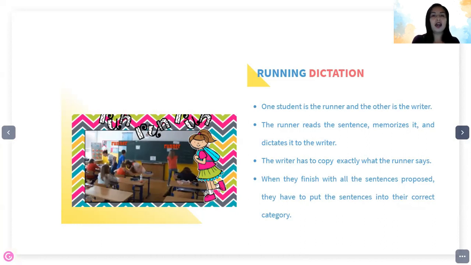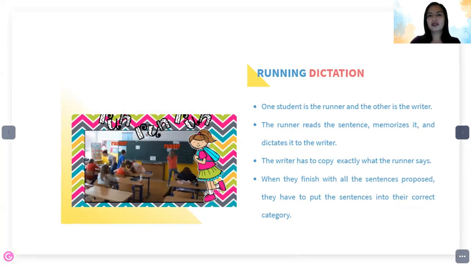And at the end, I would like to ask the students to categorize each one of the sentences that they copied into the three categories we were talking before. In this case, they are practicing what they learned, what they watched, and what they heard before.